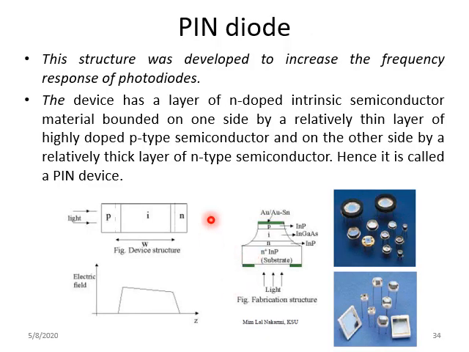So coming to the types of photodetector. One photodetector is the pin diode, where the structure was developed to increase the frequency response of the photodiode. This device has a layer of lightly n-doped intrinsic semiconductor material bonded with the p-type material.